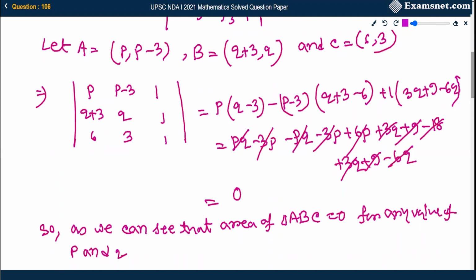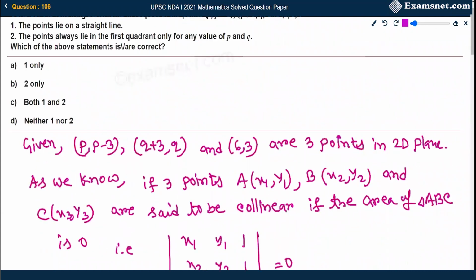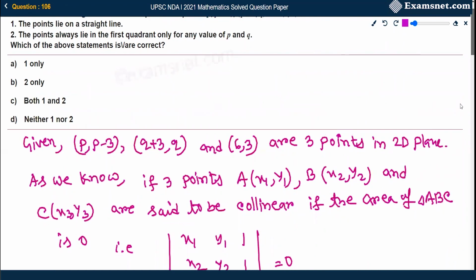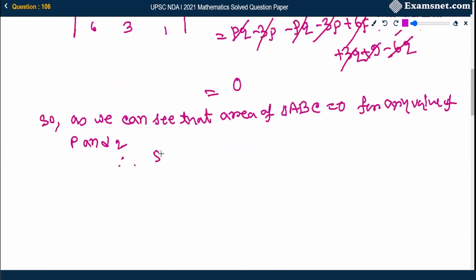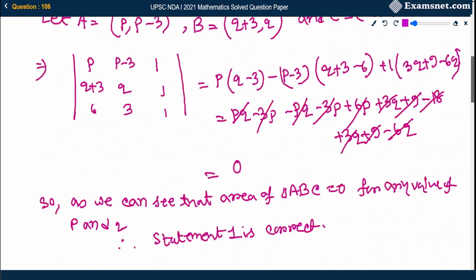So here statement 1 is correct. That means these 3 points are collinear. The points lie on a straight line. Therefore, statement 1 is correct.